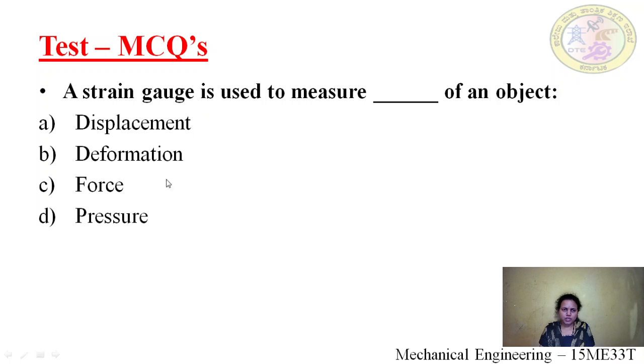Is it a deformation? Is it a force? Is it a pressure? Guess the right answer. The solution is option B, deformation. Strain gauge is used to measure deformation of an object.